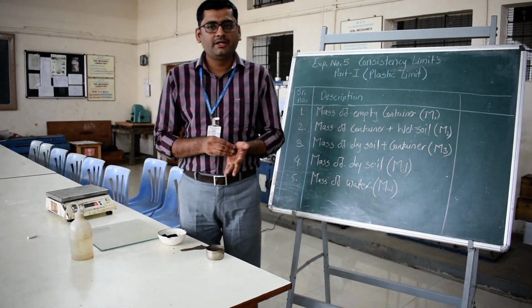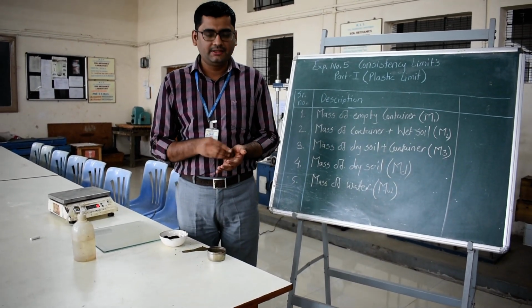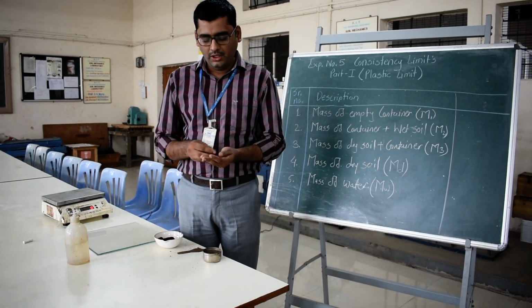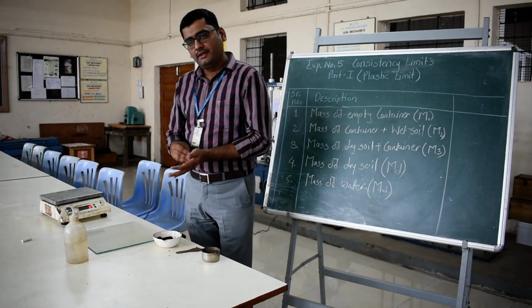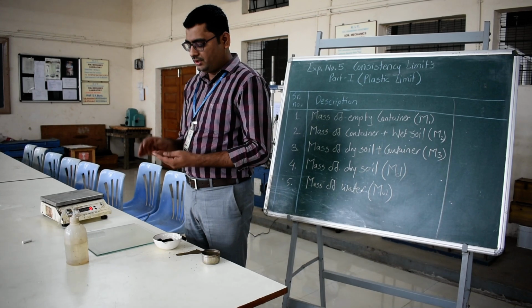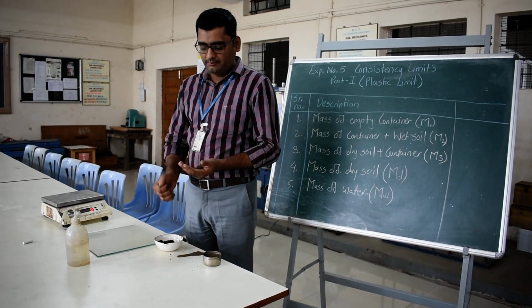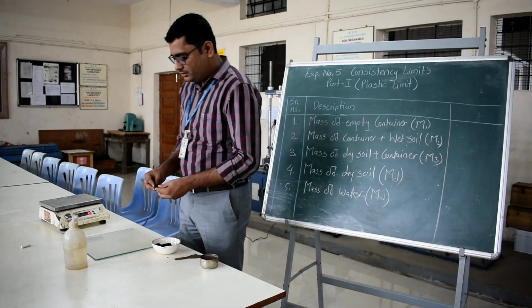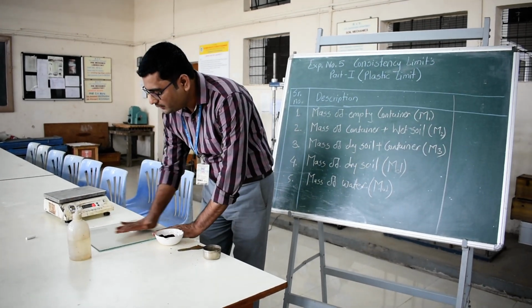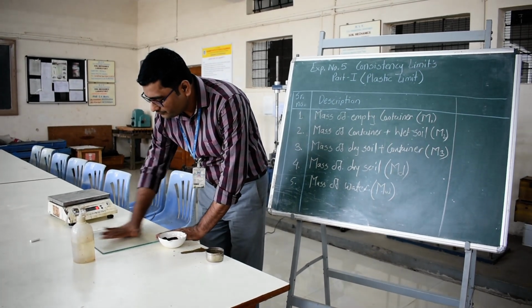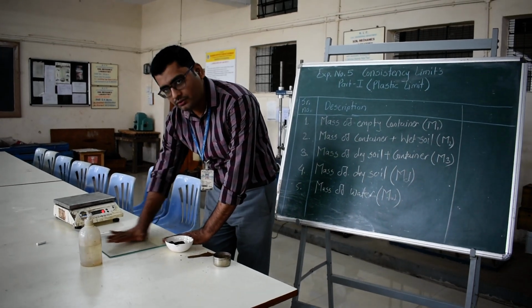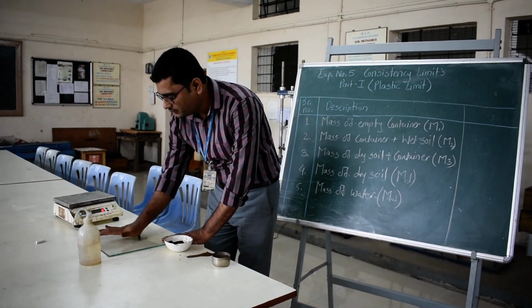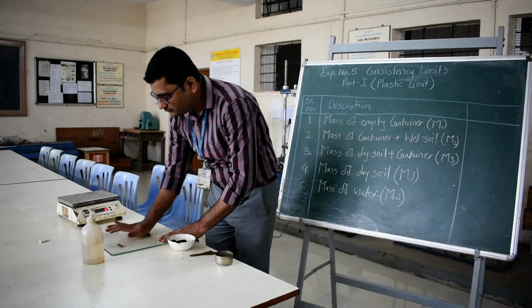You can make a paste on the palm of your hands, and then you have to roll that soil sample on the glass plate. You can roll on your palm, or you can roll on the glass plate. You have to roll it to 3 mm diameter.